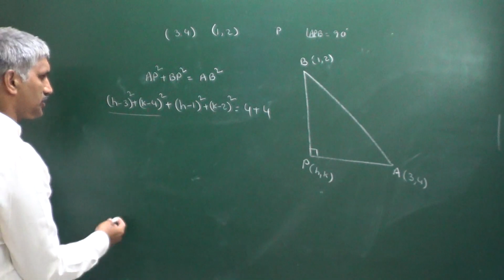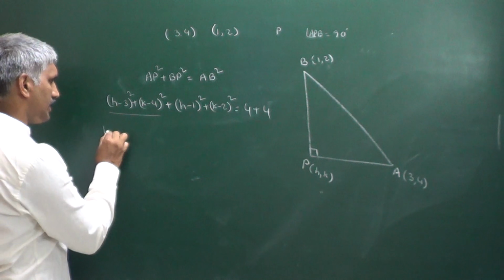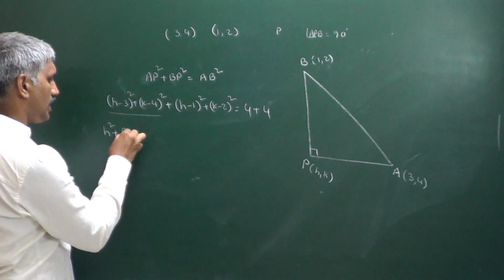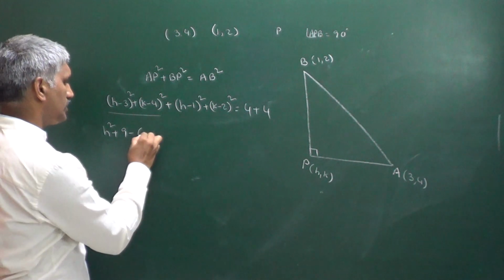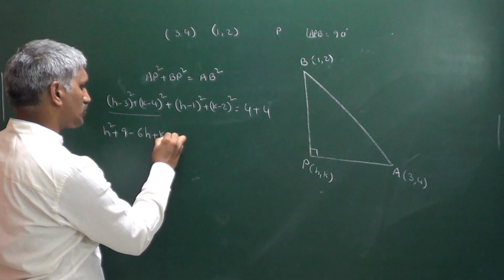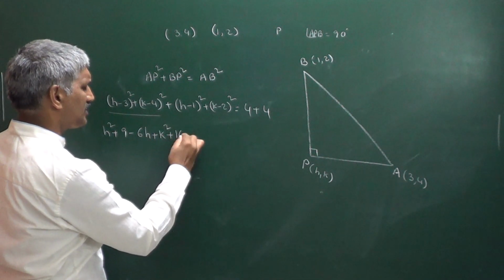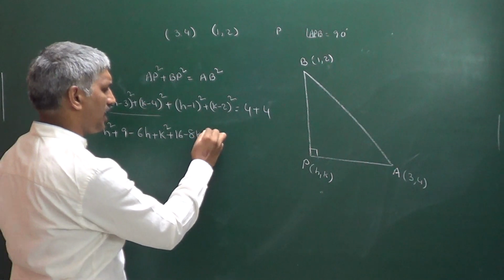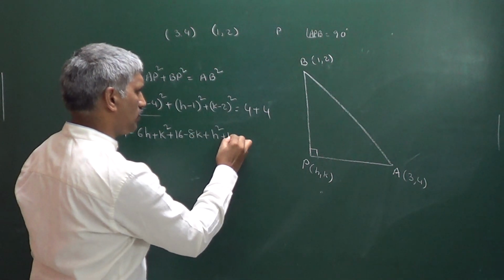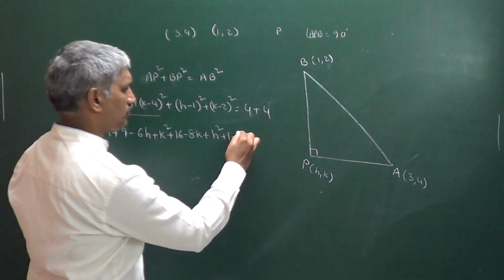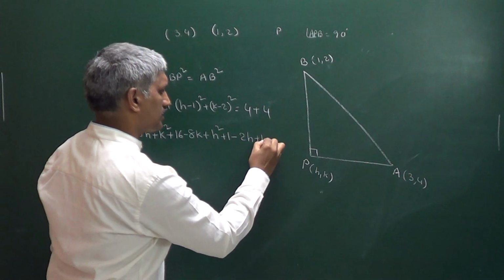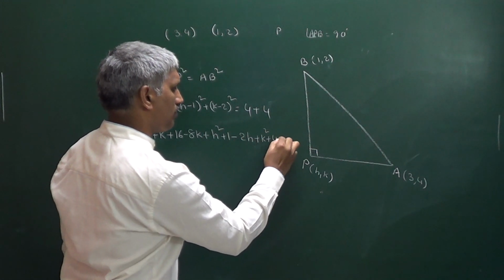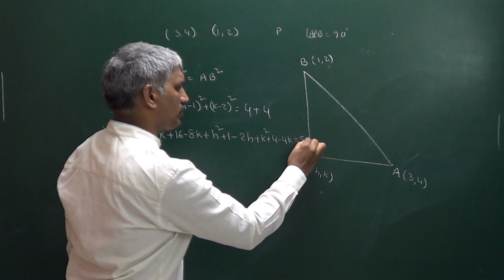Now we have to do the simplification. We can write it as h square plus 9 minus 6h plus k square plus 16 minus 8k. Again h square plus 1 minus 2h plus k square plus 4 minus 4k is equal to 8.